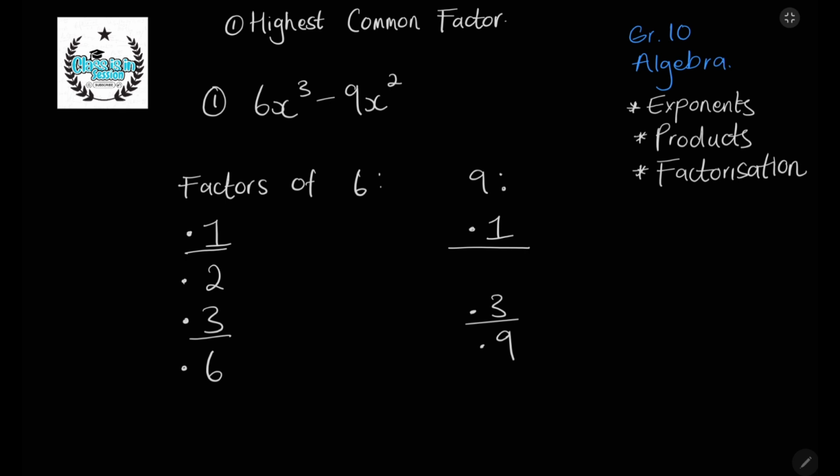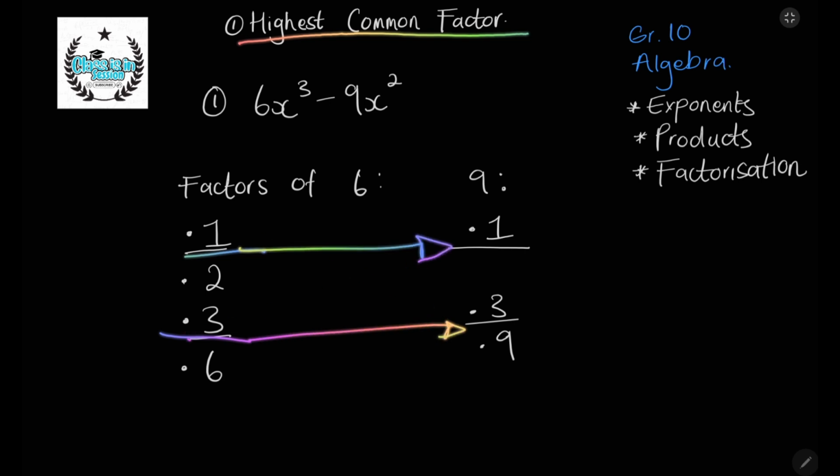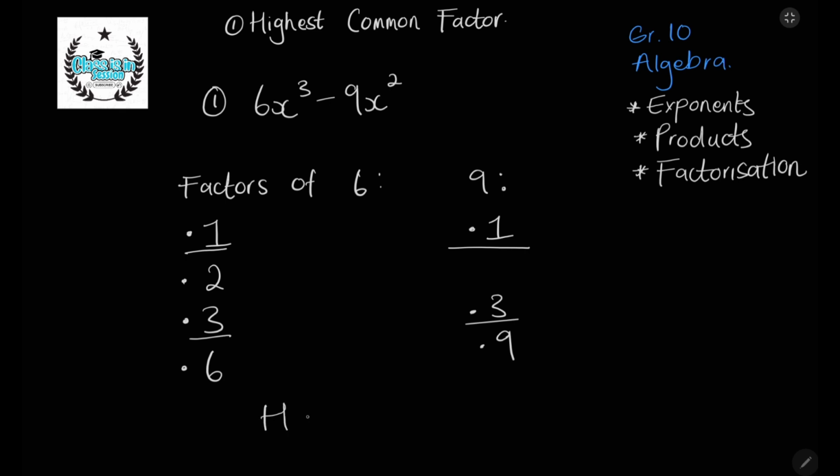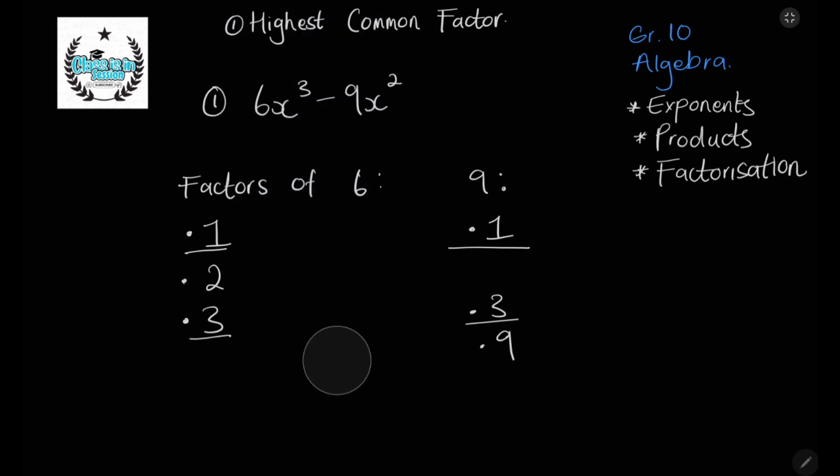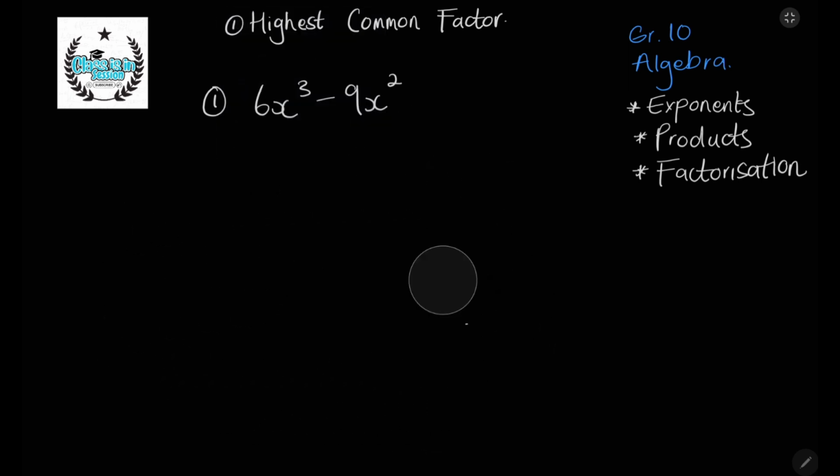We're looking for the highest common factor. 3 is obviously bigger than 1. So your highest common factor is 3. That's why I said that the highest common factor between 6 and 9 is 3.